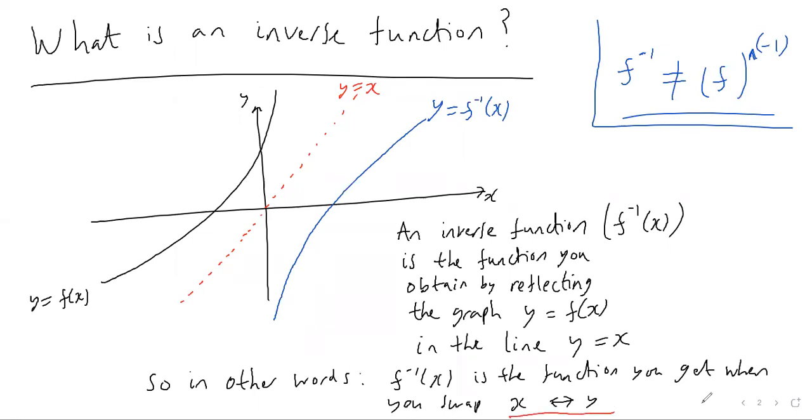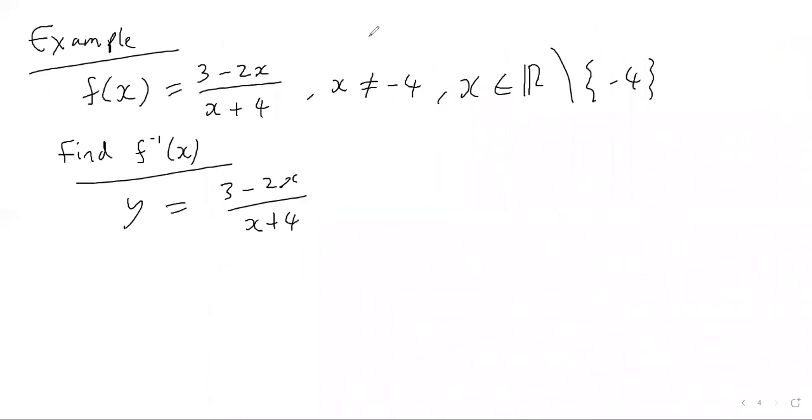So what we get is x equals 3 minus 2y over y plus 4. Now the key thing is to make y the subject of the formula.